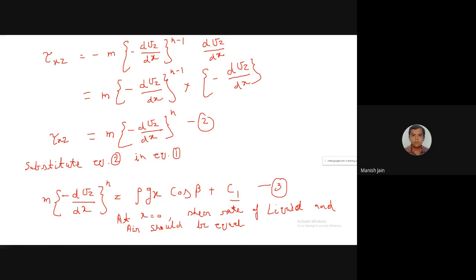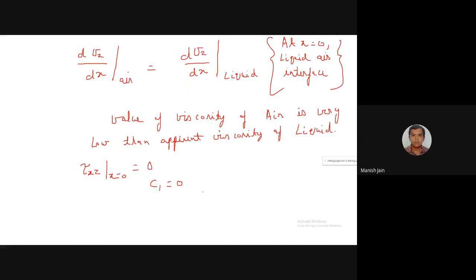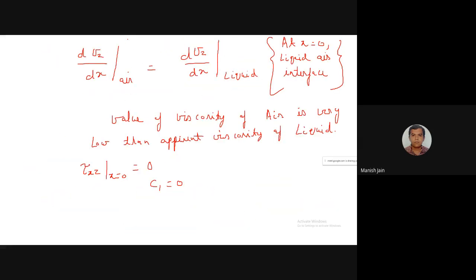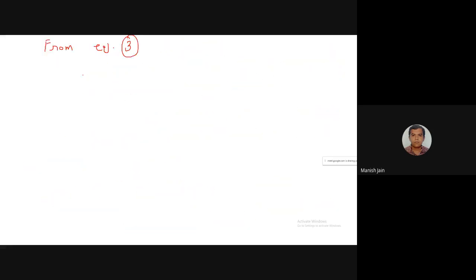Now from equation number 3, you can write m in bracket minus dvz by dx to the power n should be equal to rho g x cos beta, because C1 is 0.